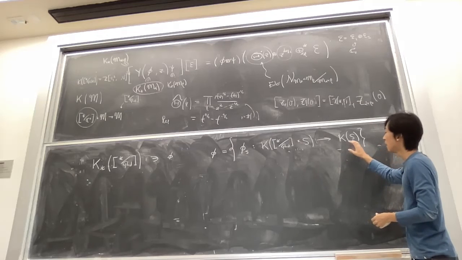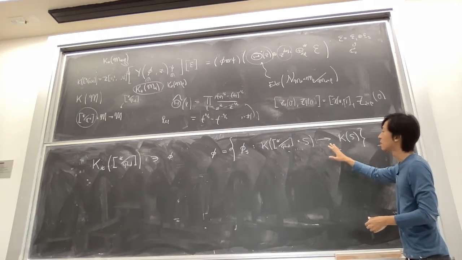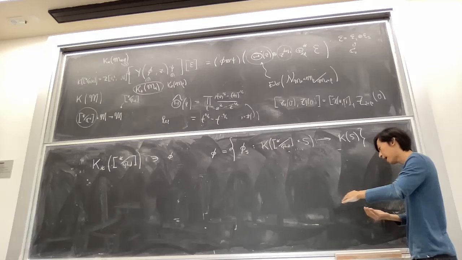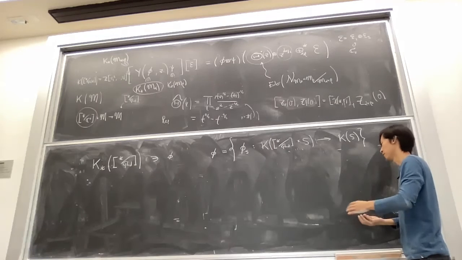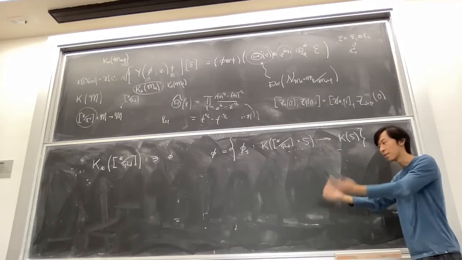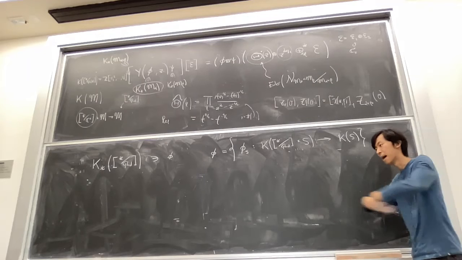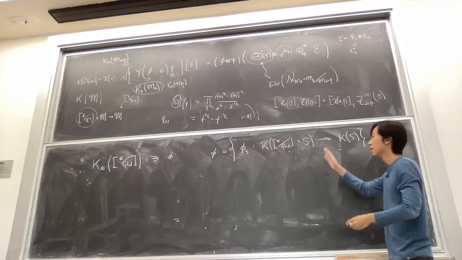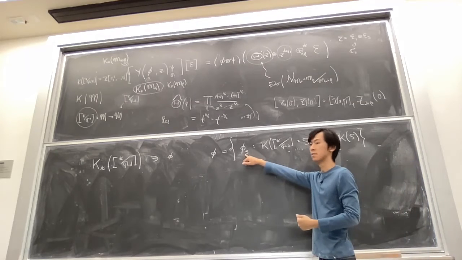And all of these phi sub s's have to be natural with respect to base change: if I have some base S and some other base S prime, and my base maps into yours, then pullback along that map should be compatible with these phi s's.